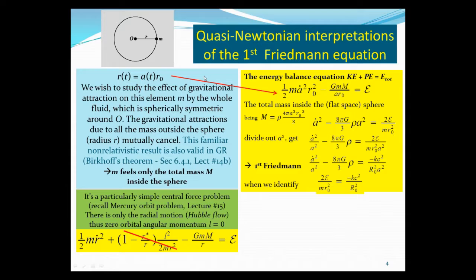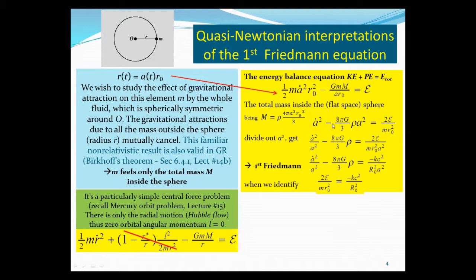Now we substitute r equal to a r naught, so v squared is equal to a dot squared r naught squared. The total mass inside, for a small area where we can have flat geometry, is the density times the expression for the volume of a sphere in flat space. Therefore, divide out by m over 2 r naught squared.